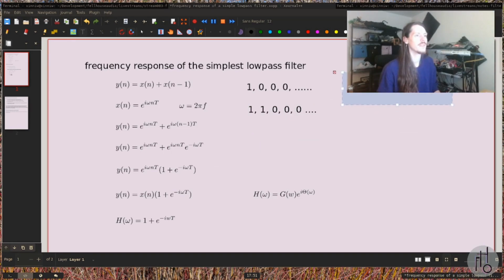Okay, here's a one-pole filter. We feed it this signal. Our first sample, 1 minus 0.9 times 0 is equal to 1.